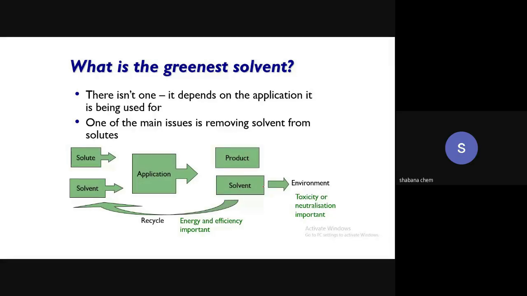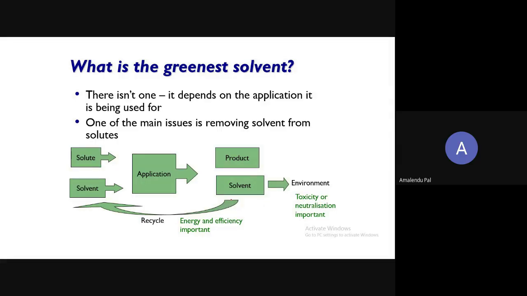That byproduct solvent, if we throw it to the environment, and the solvent is toxic, then you see how the problem comes. But it is better, if possible, to recycle it. That byproduct solvent we can recycle.